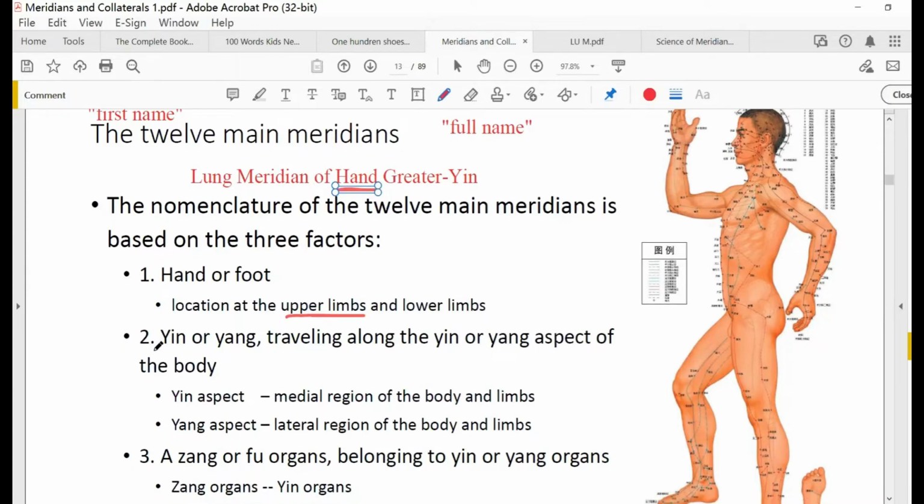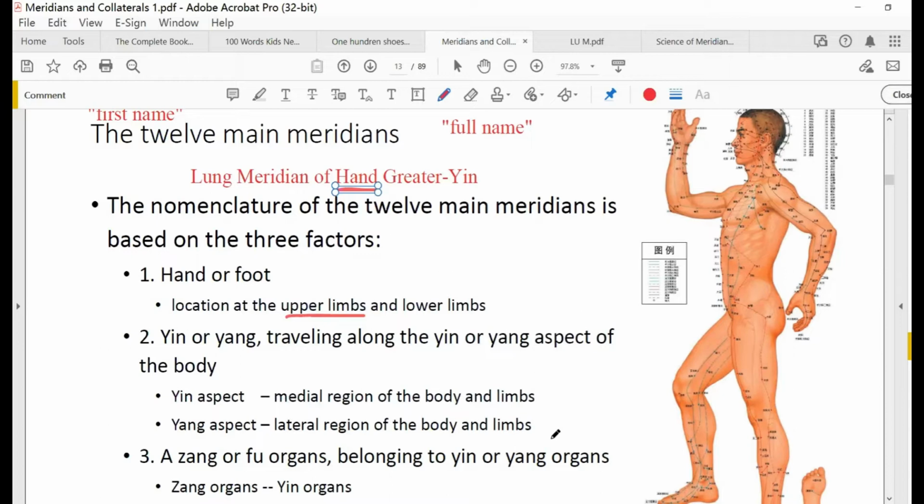And the second one, yin or yang, tells whether it travels along the yin or yang aspect of the body. For example, the yin aspect is the medial region of the body and the limbs. The yang aspect is the lateral region of the body and the limbs.